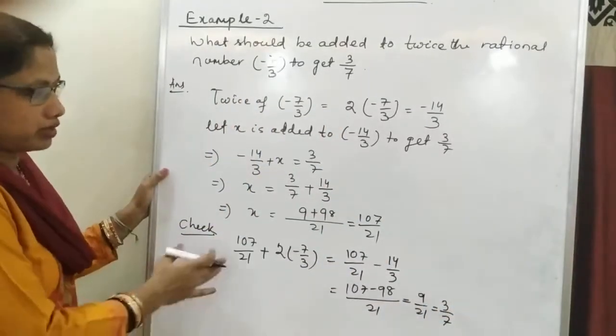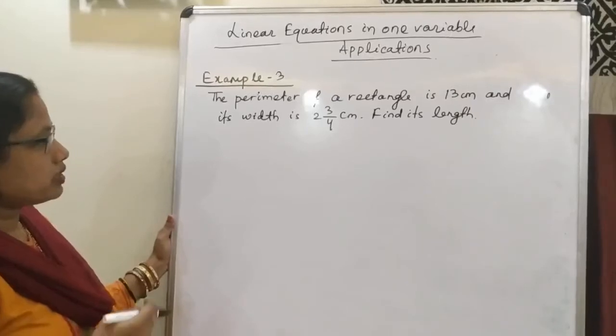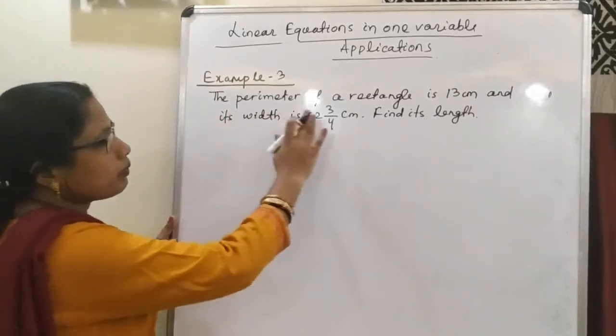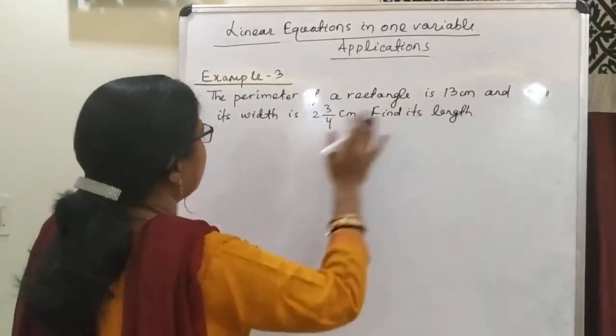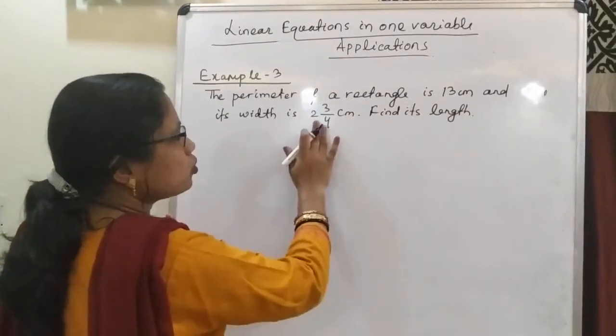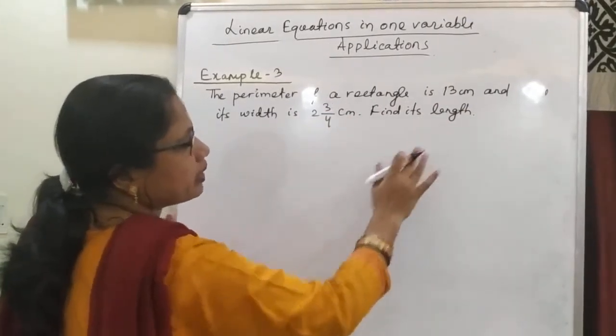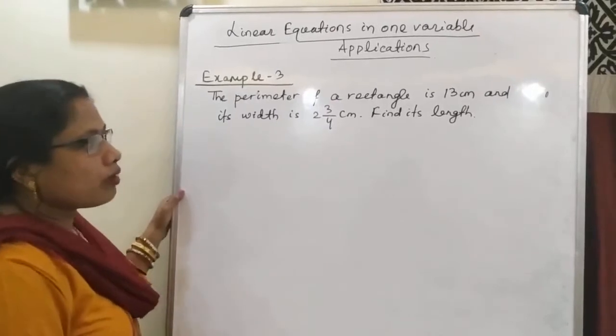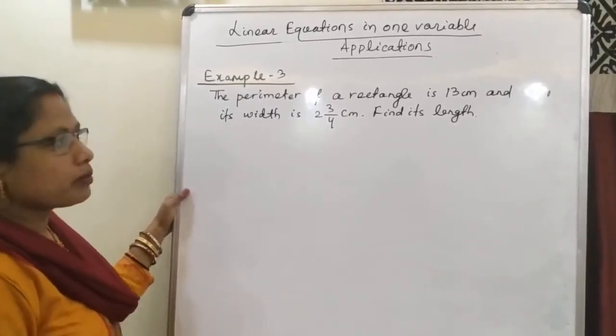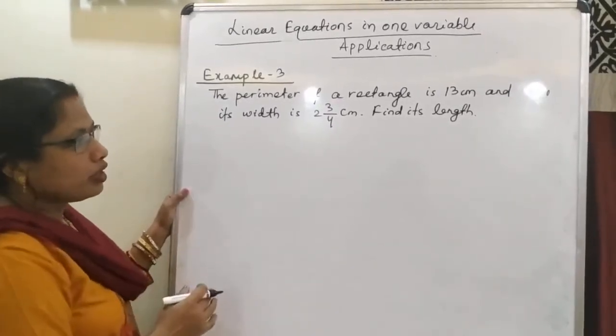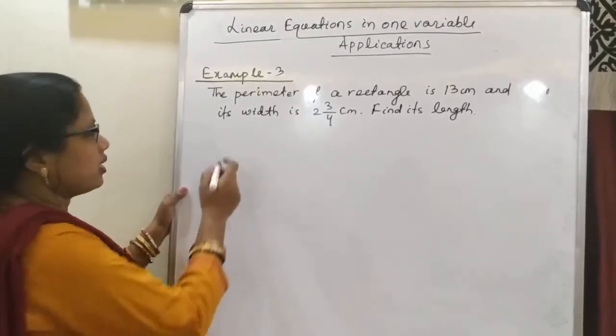So the answer is correct. Next example: the perimeter of a rectangle is 13 centimeter and its width is 2 3 by 4 centimeter. Find its length. All of you know the formula for the perimeter of a rectangle. Here we will take the length as x.